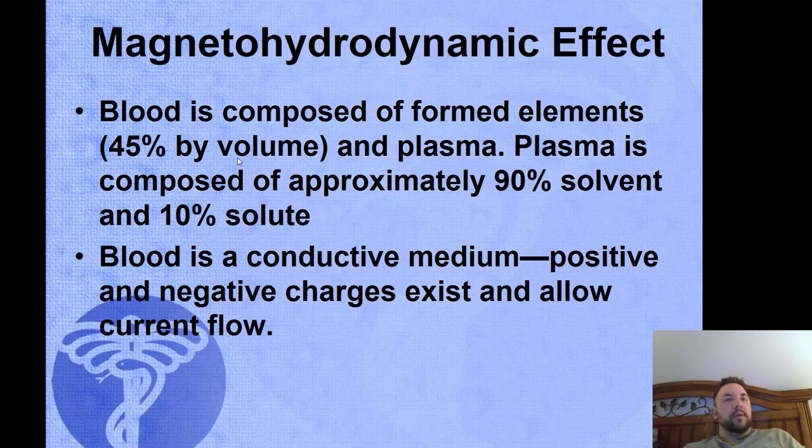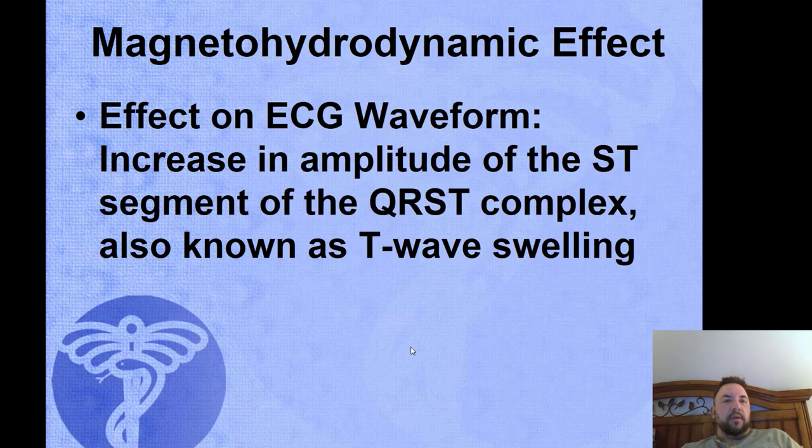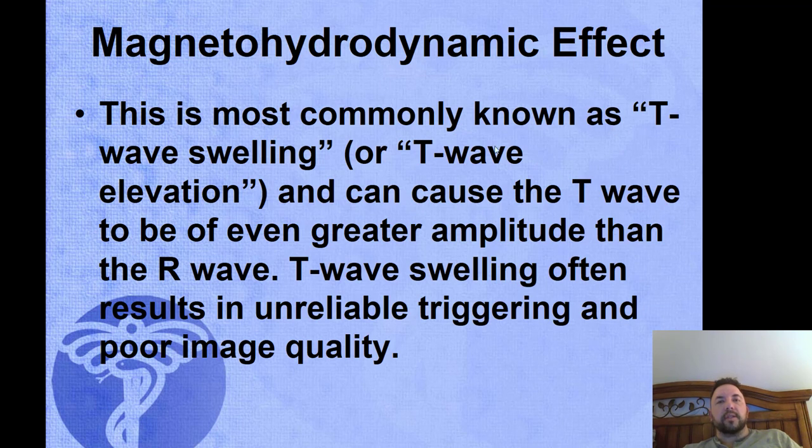So speaking of blood, blood is composed of formed elements, 45% volume, and plasma. You have all of these conductive elements within blood. So we're going to look at something called the magnetohydrodynamic effect. Very simply, T-wave elevation within the confines of the MR magnet, the MHD or magnetohydrodynamic effect.